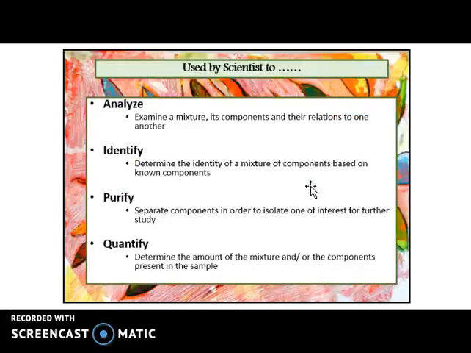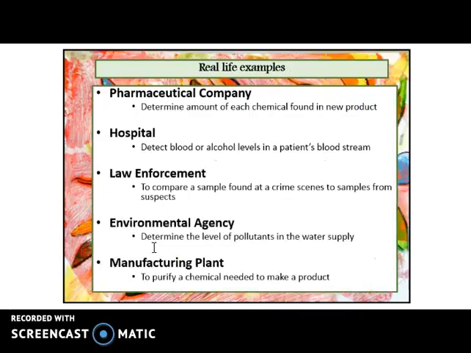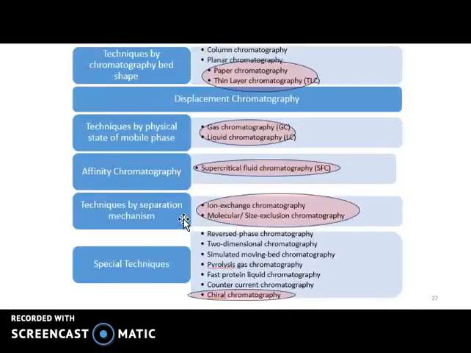Chromatography can be used to analyze, identify, purify, and quantify a mixture or a component in a mixture. And you can also use it in pharmaceutical companies, hospitals, law enforcement, environmental agencies, and manufacturing plants. There are actually many types of chromatography, but the highlighted ones are the ones that will be covered in this course.